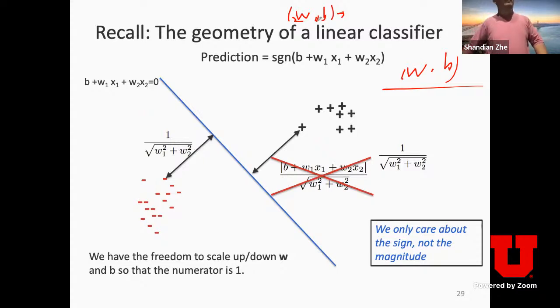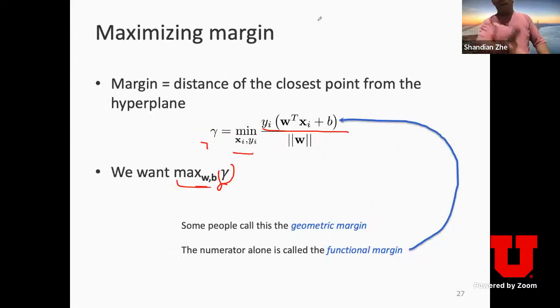Then I'm saying that, if I want to learn a linear classifier, it's not necessary to go over the whole space of W and B, because many W and B pairs correspond to the same classifier. Searching over the entire range of W and B seems unnecessary, and also makes your optimization procedure, as we just mentioned, pretty painful.